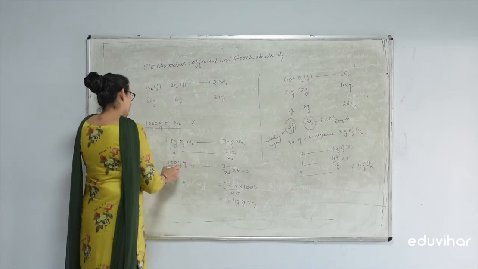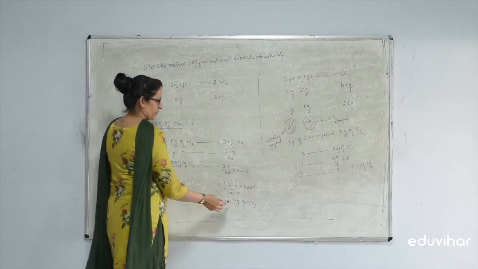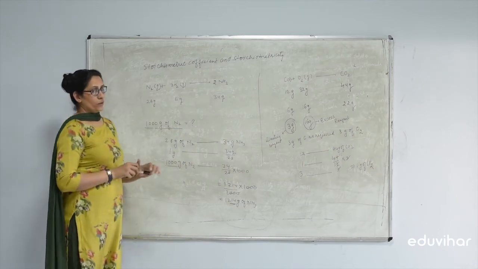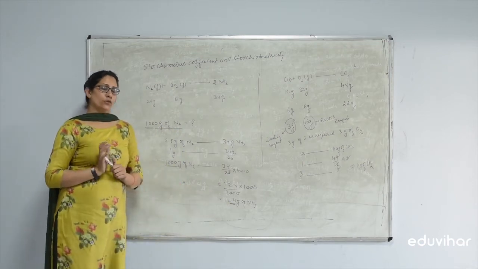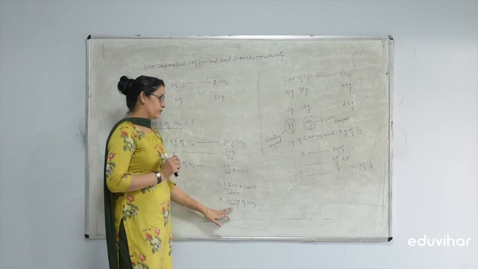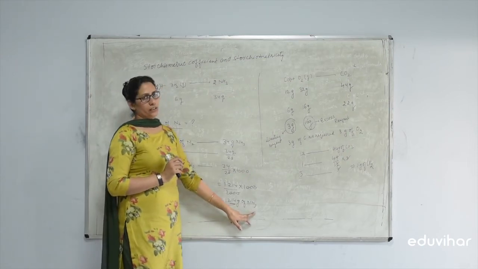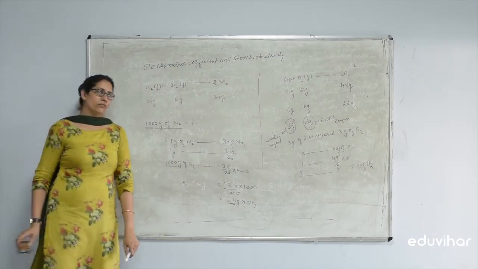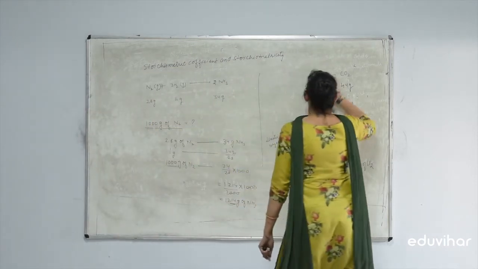If we have 1000 gram of nitrogen, that time we can form 1214 gram of ammonia. By the stoichiometry, we can calculate the amount of different reactants and products which we have.